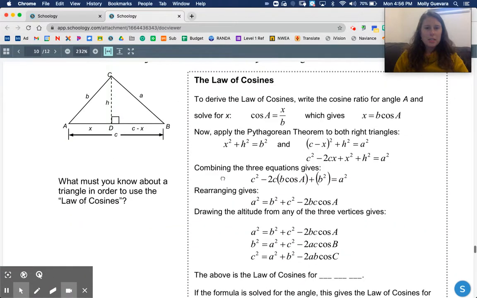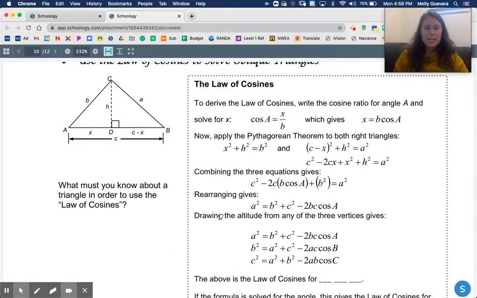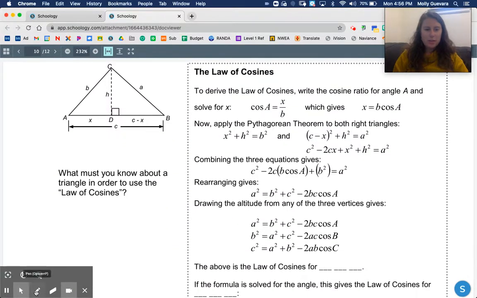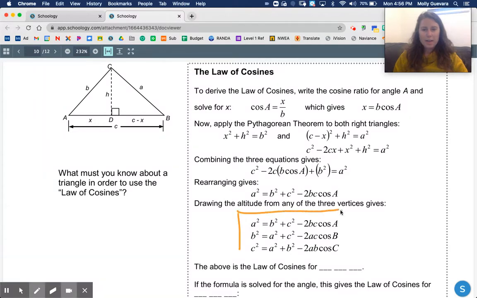Okay, so let's look. Again, we're not going to derive the law of cosines ourselves. We're just going to come down here to this. So this is going to be the law of cosines. In order to use the law of cosines, you either need to know all 3 sides, or you need to know side angle side.